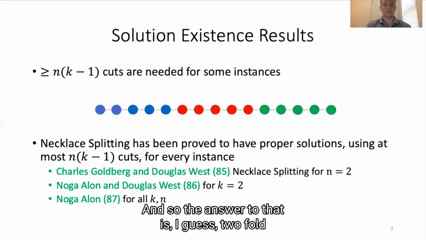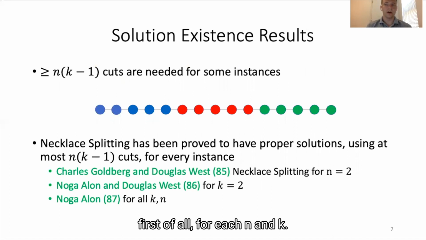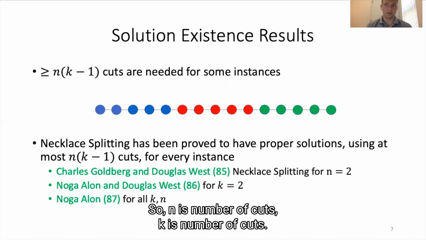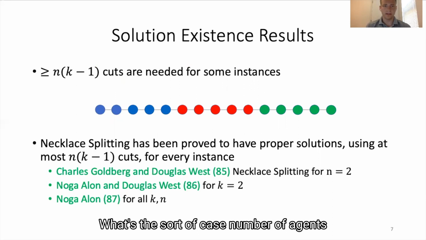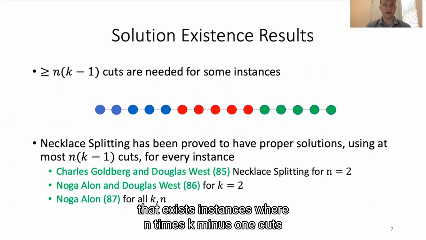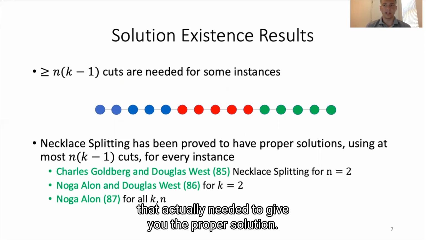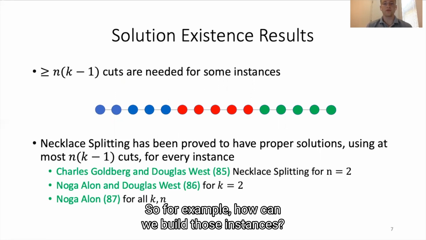The answer to that is, I guess, twofold. First of all, for each n and k, where n is the number of colors and k is the number of agents, there exist instances where n times k minus 1 cuts are actually needed to get a proper solution. So for example, how can we build those instances?